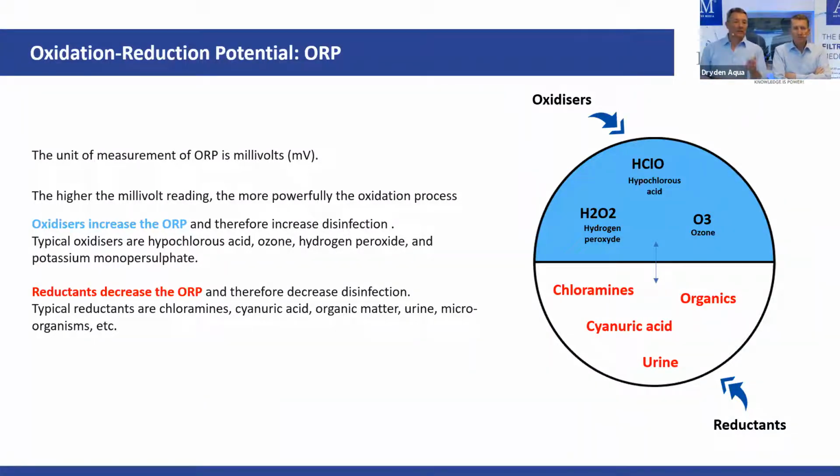Oxidizers, as we wrote here, are hypochlorous acid, ozone, hydrogen peroxide, potassium monopersulfate, and all kinds of chlorine, like sodium hypochlorite and the tablets. Some are a little stronger and some a little weaker. But I think this is important to understand: ORP does not give an absolute value of how much chlorine you have in the water.